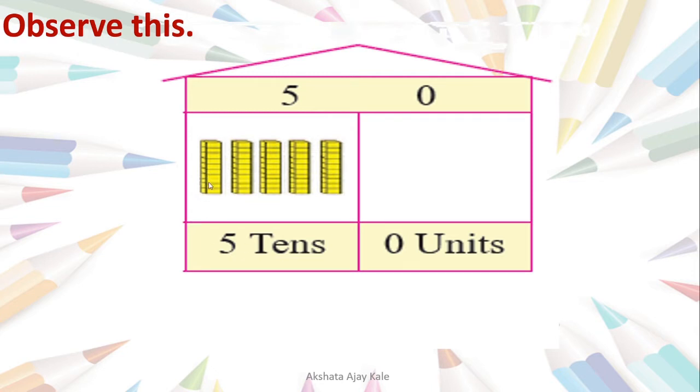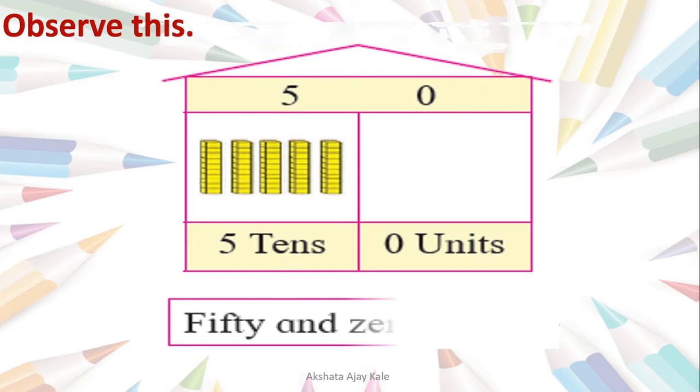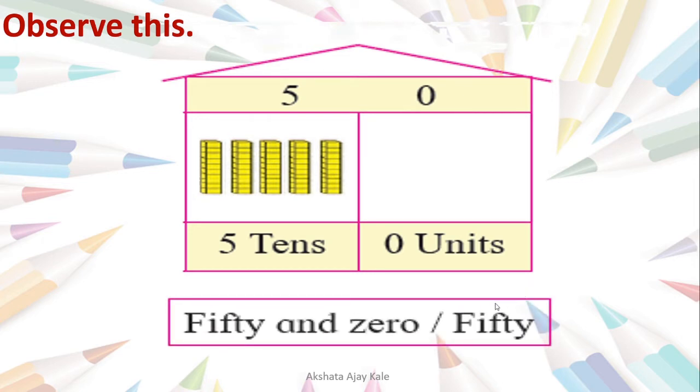Each bundle is of 10 boxes, so the answer is 5 tens. And when we write this in words, it is 50 and 0. 5 tens is nothing but 50, right? 50 and 0, that is equal to 50.